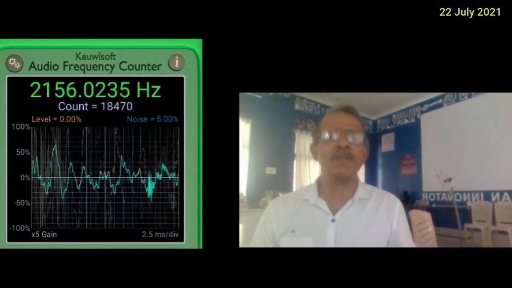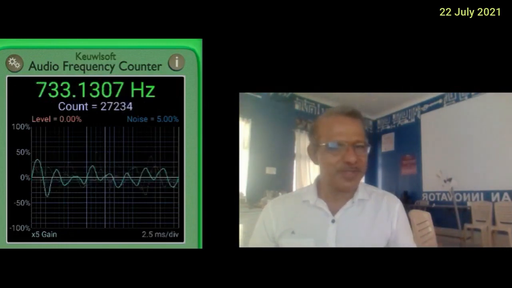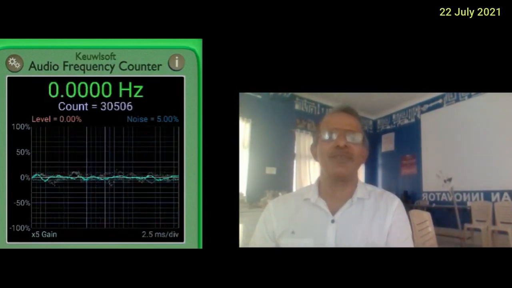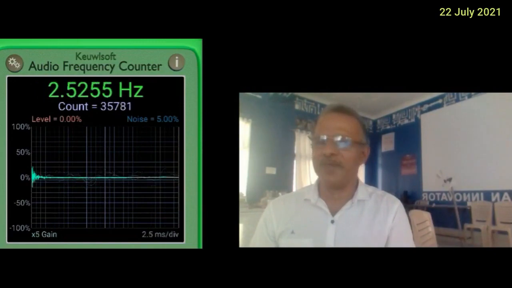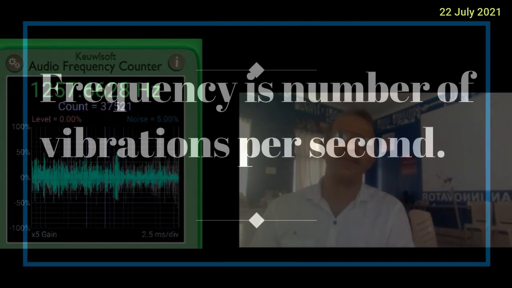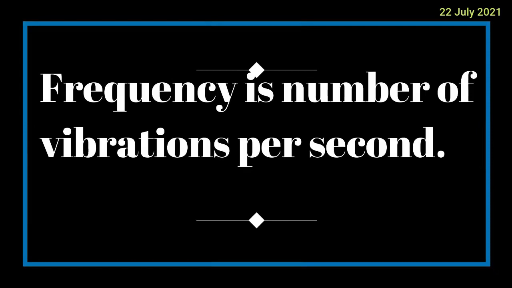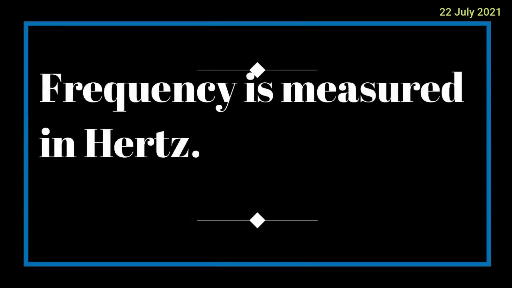Most of the singers are more expert in controlling their voice, and that's why they can sing better than us, right? So understand, you also have a particular frequency. So you are identified by a particular range of frequency. Like how my frequency is shown on the screen, every vibration will have a frequency. Frequency is number of vibrations per second, and it is measured in hertz.